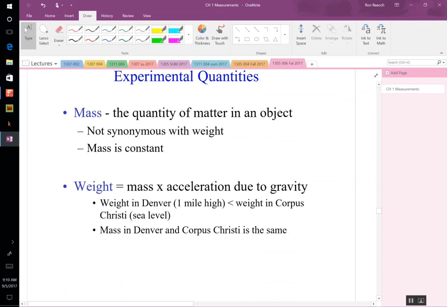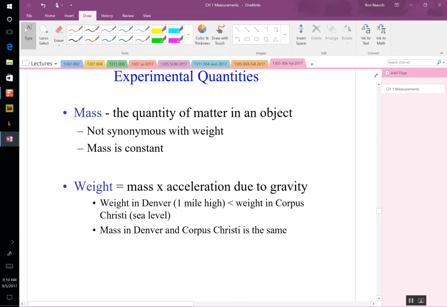Mass, the quantity of matter in an object. Weight, mass times the acceleration due to gravity. We will use mass and weight pretty interchangeably. If we were to transport you from here to the moon, your mass wouldn't change, but your weight would change. You would appear much lighter on the moon, even though nothing's happened to the amount of matter making you up, because of the moon's lower gravitational force on an object.